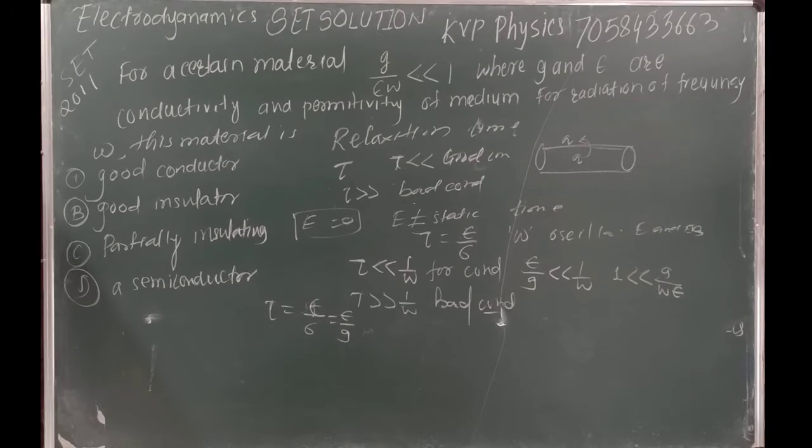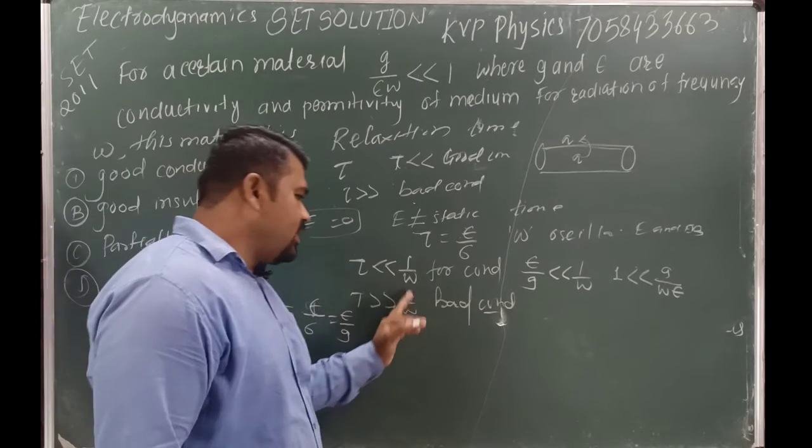Now check the other case, where tau is very greater than 1 upon omega.